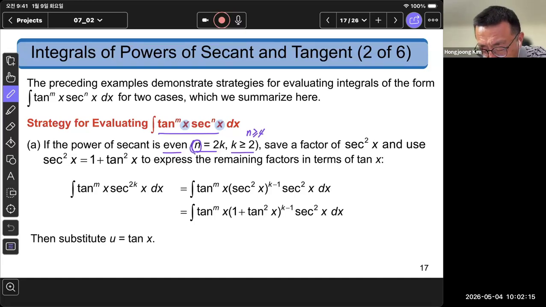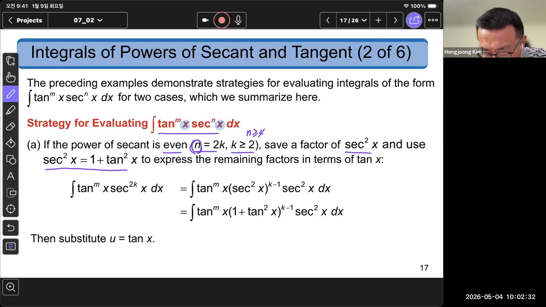In that case, you need to save a factor of secant x squared and use this formula to express the remaining factors in terms of tangent.